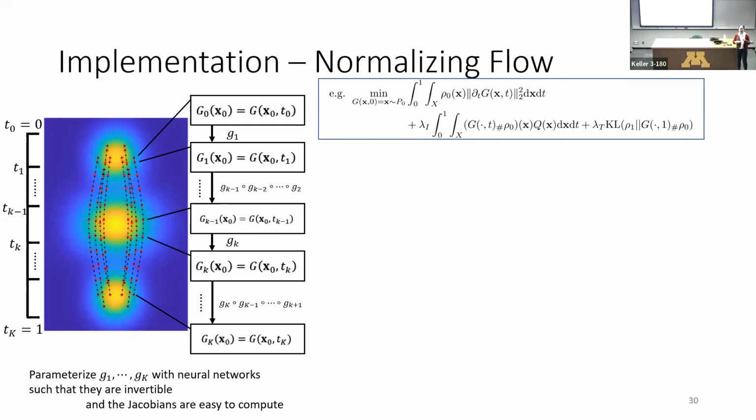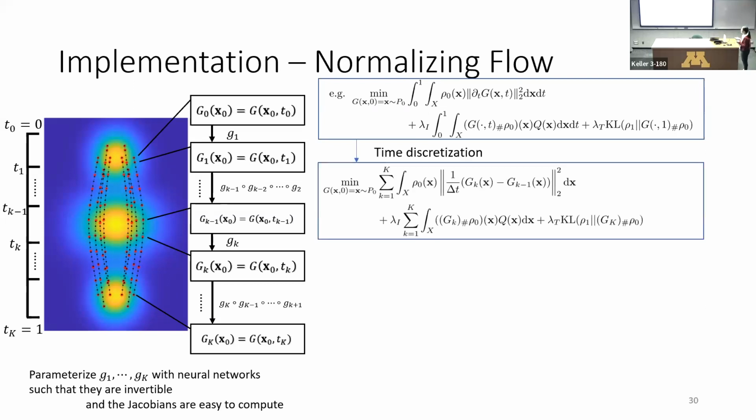And we impose some structure on these small g, then parameterize them by neural networks, so that they are invertible and their Jacobian determinant is easy to compute.